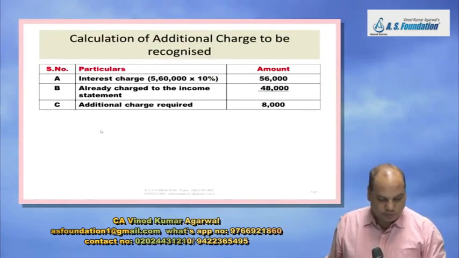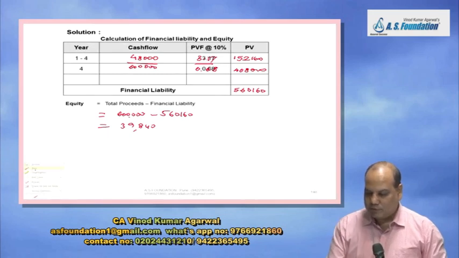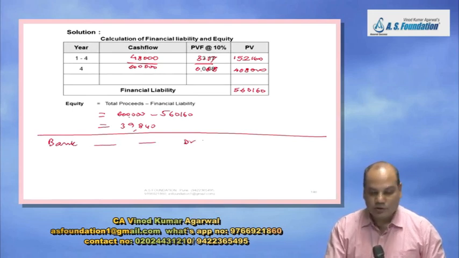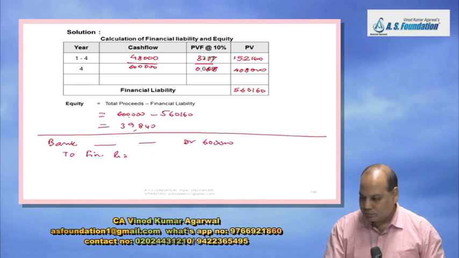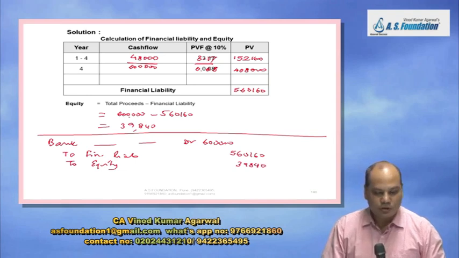The journal entry at the beginning, they have not written, write it down. Because for the first year they've asked you to pass the entry. Bank account debit, 6 lakh. To financial liability, 560160. This is what you will write in the exam. To equity, 39,840.